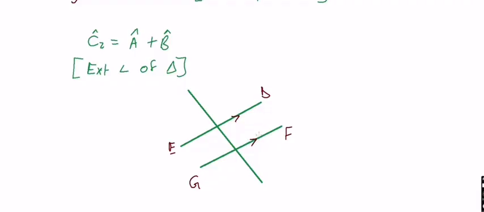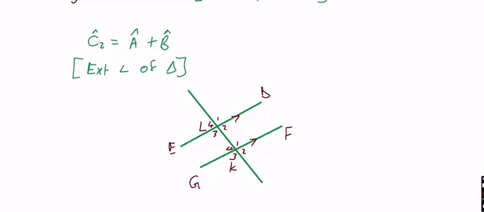I can put other points here. Maybe we can say L and K, so that we have got 1, 2, 3, 4. And here we have 1, 2, 3, 4.